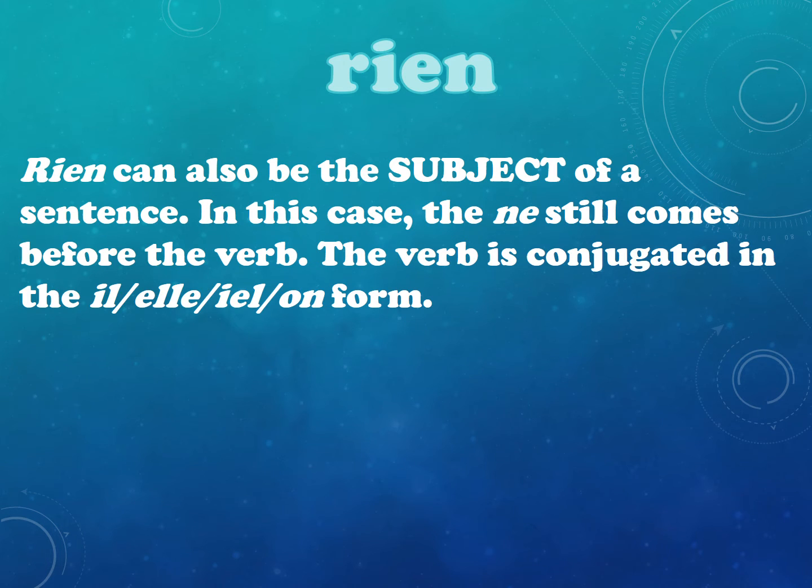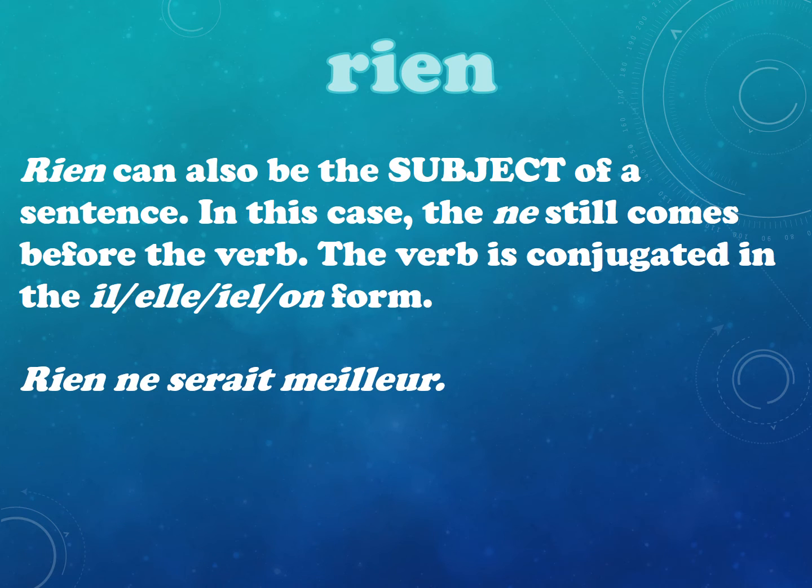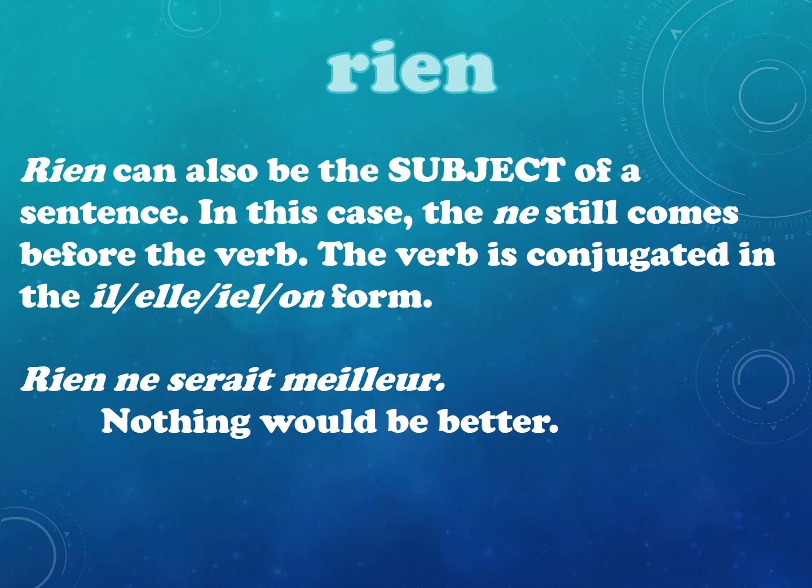Rien can also be the subject of a sentence. In this case, the ne still comes before the verb. The verb is conjugated in the il, elle, on form. Rien ne serait meilleur. Nothing would be better. So rien comes first because it's the subject, nothing, then ne, then the verb, then the rest of the sentence.